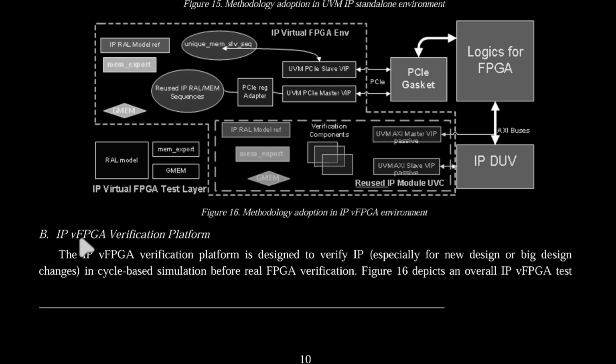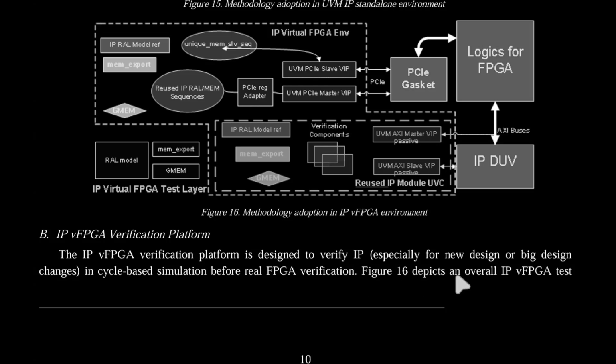IPv virtual FPGA verification platform. The virtual FPGA verification platform is designed to verify IP, especially for new designs or big design changes, in cycle-based simulation before the real FPGA verification.